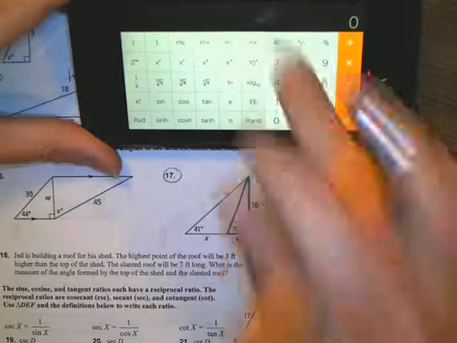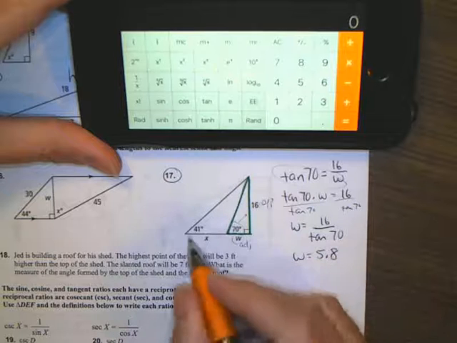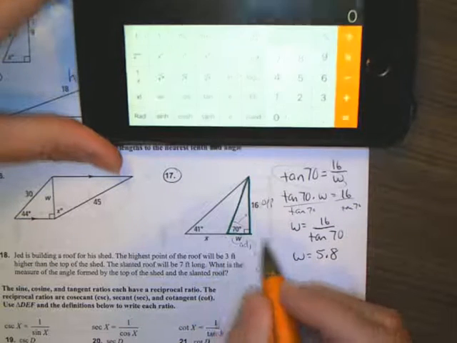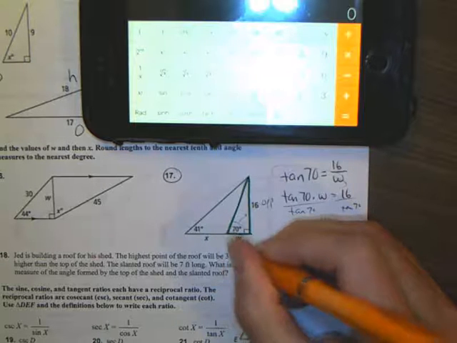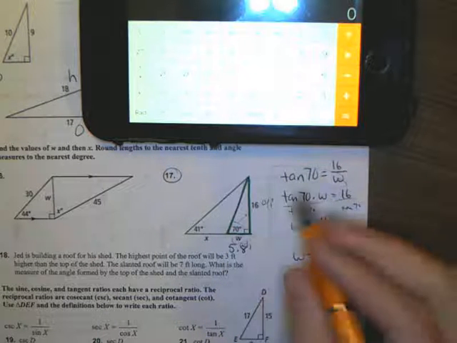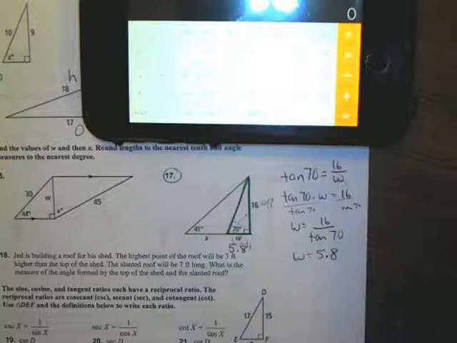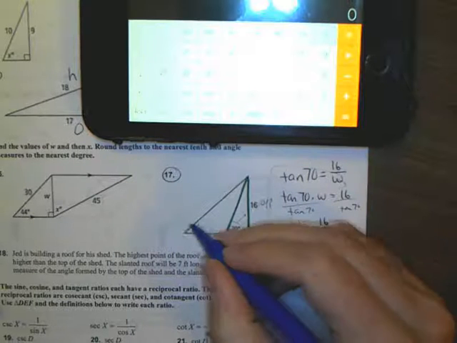Alright, it's getting somewhere. I still have this x value that I don't know, but at least I only have one variable down the bottom, 5.8. So I could look at the larger triangle now to figure out what x is going to be.